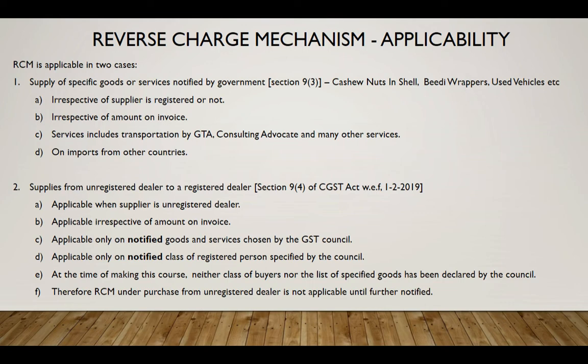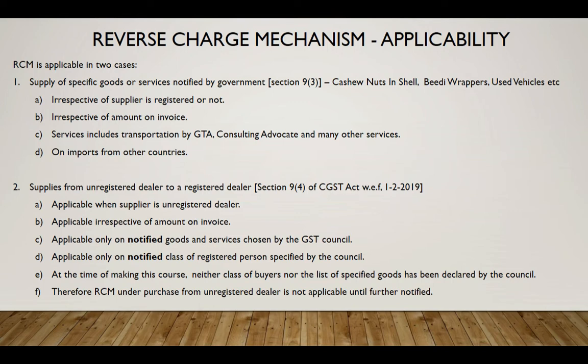And not just the notified goods and services, the GST Council would also be specifying a class of registered persons who are liable to pay tax under reverse charge mechanism.